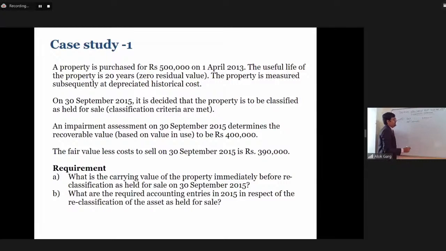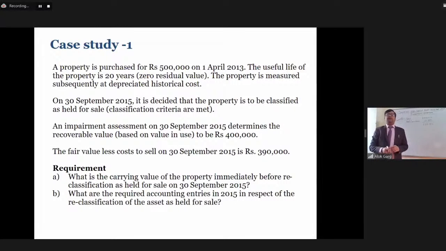It is 62,500, 50,000 plus 12,500. And the carrying value is 4,37,500.